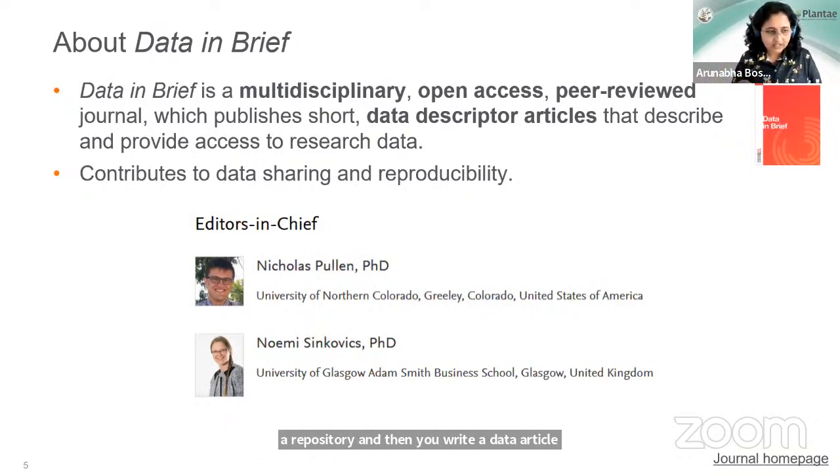So say, for instance, you had sequencing data, which you would usually upload on, say, GenBank or NCBI. Via a data article, you describe that raw data, just the data. It does not need results, conclusions or a discussion. You just describe the data, you describe the methods, and you describe how you've collected the data. And in this way, it contributes to data sharing and reproducibility.